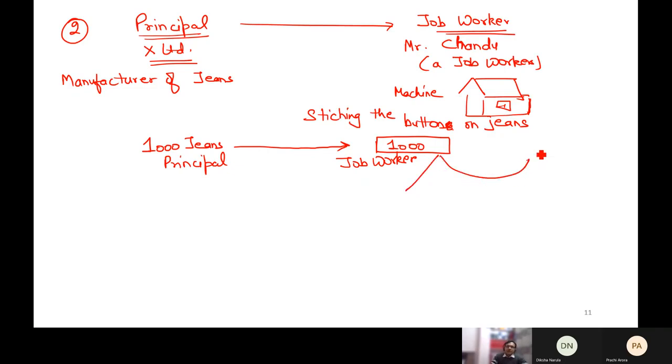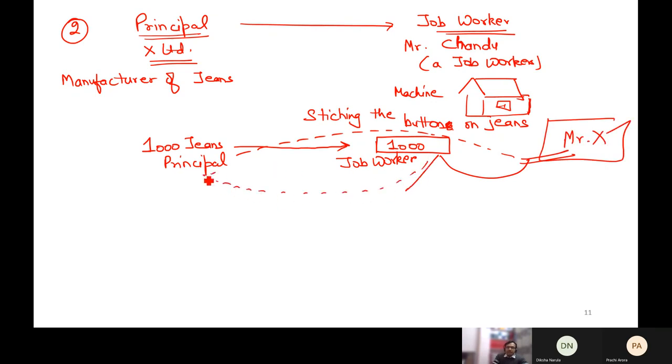Two options. Either the principal will tell the job worker that I will directly supply it to my consumer Mr. X from your place of business, or they will say that we will bring back these jeans, and from here we will supply to Mr. X.